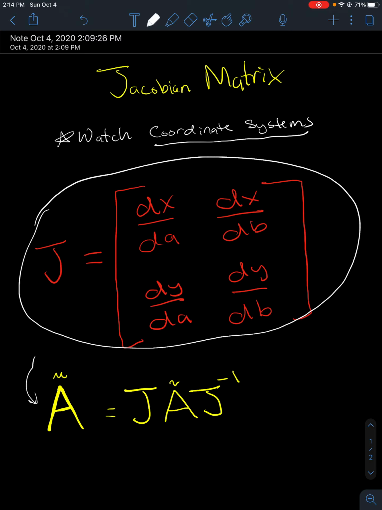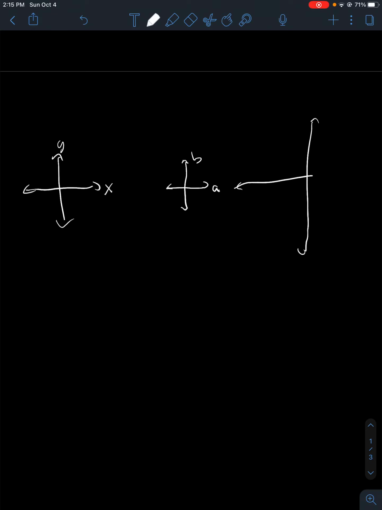So, what is the Jacobian matrix? Well, in my last video, I talked about how you can have one coordinate system, like the Cartesian system, and actually compress this system, making it become the AB system. And then we can stretch this system as well, make it become, say, a new system. You can do so many things to the coordinate system to actually change it.